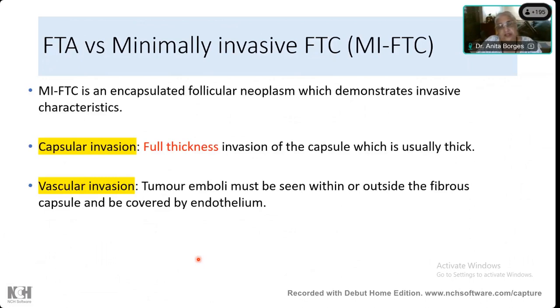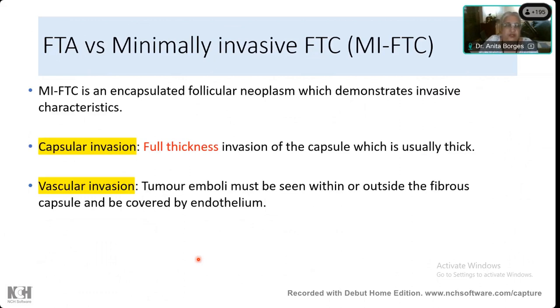Okay, and this is the definition that you see even today in all of the textbooks. All right, a minimally invasive follicular thyroid carcinoma is an encapsulated follicular neoplasm which demonstrates invasive characteristics.